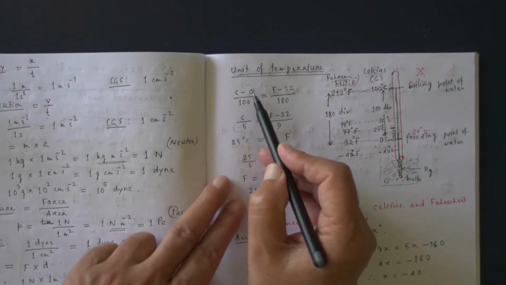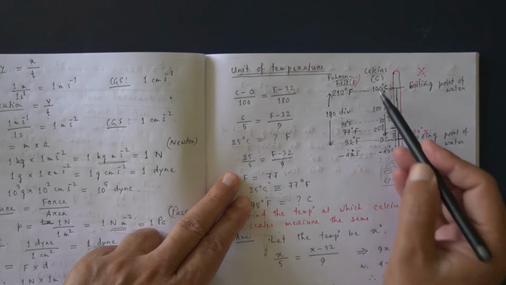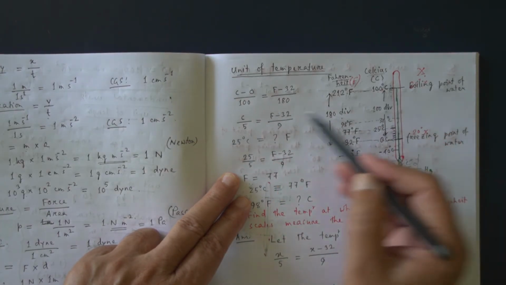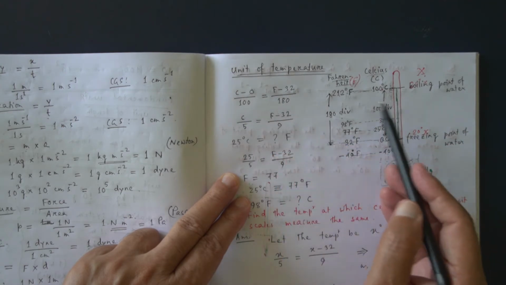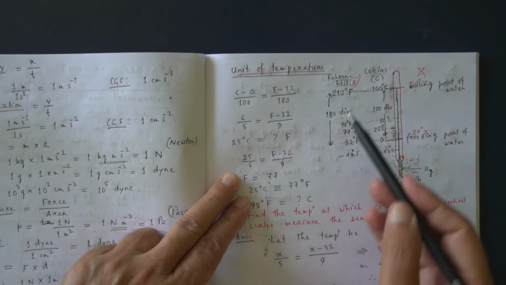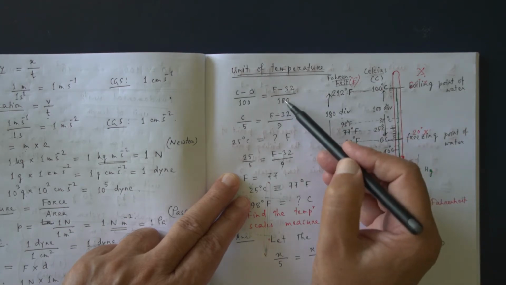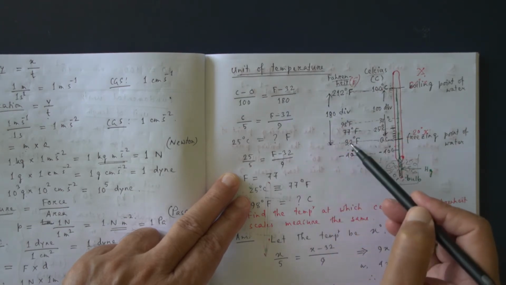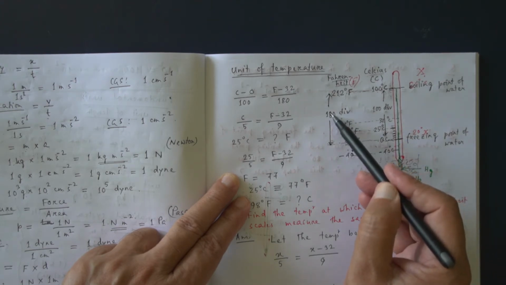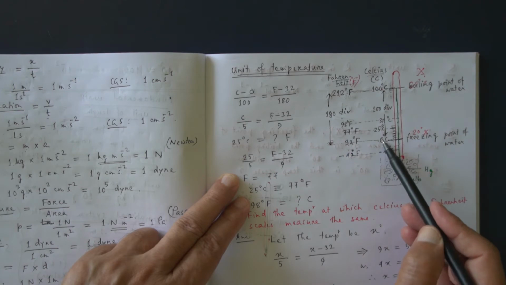C minus 0, C minus 0. How many division? 100 division, 100. আৰু F minus 32. How many division? 180. This minus this, 212 minus 32, 180. 180 division. 100 minus 0, 100 division.